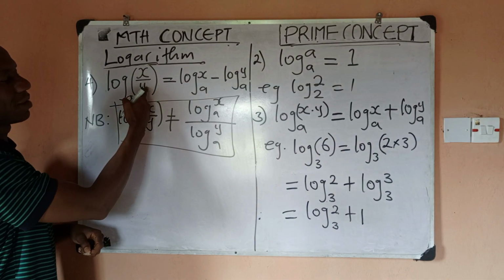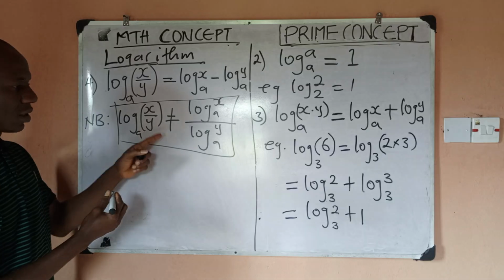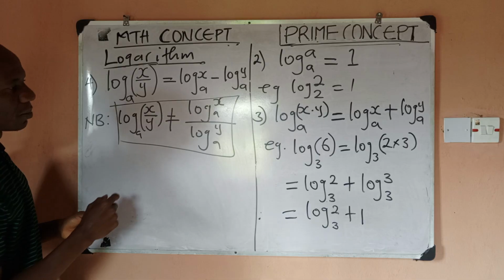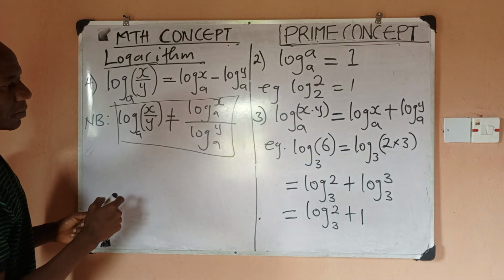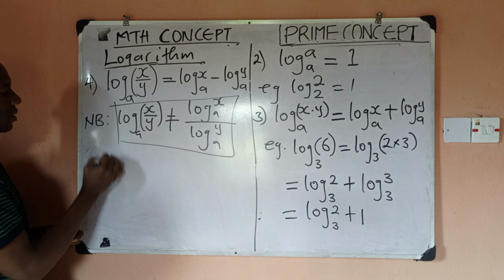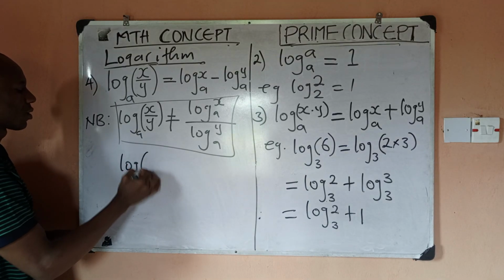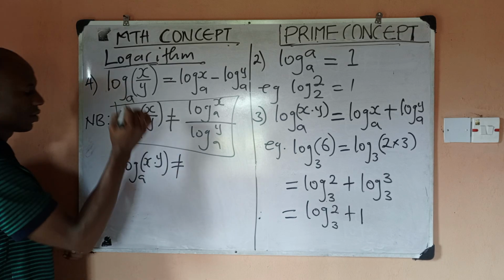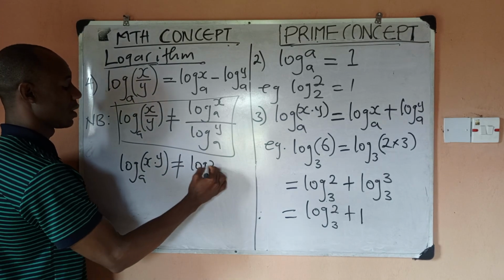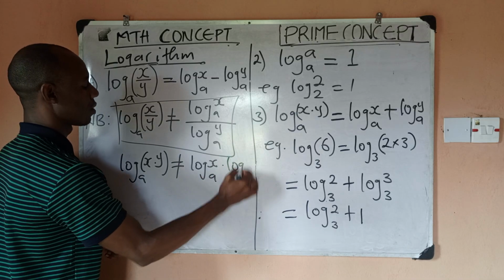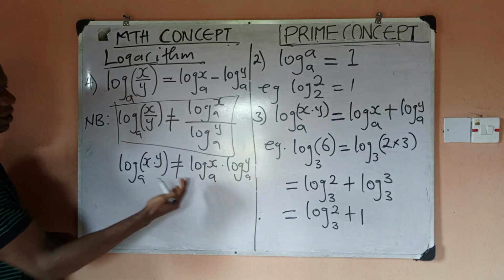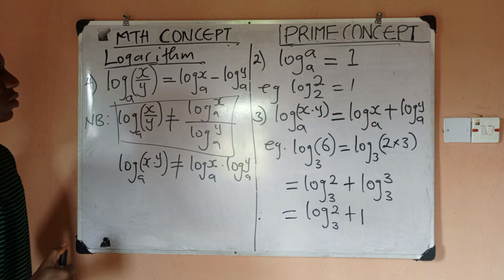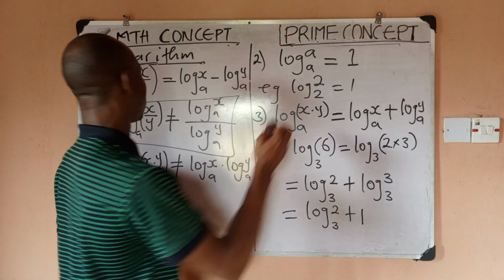You have x divided by y before you take the log. Don't also make the mistake of saying that log x times y to base a is equal to log x to base a times log y to base a. These two things are not the same. So please do well to take note of these 2 points. Don't make this mistake.